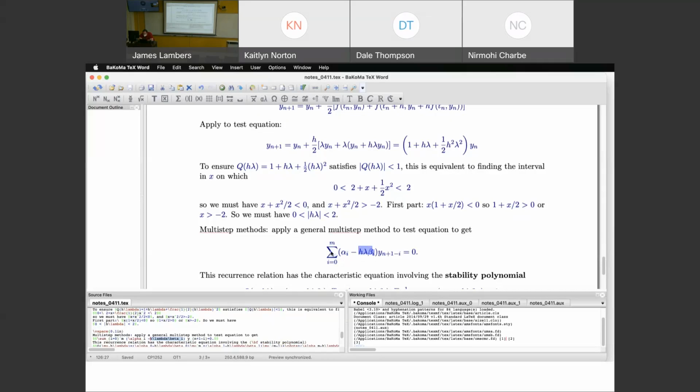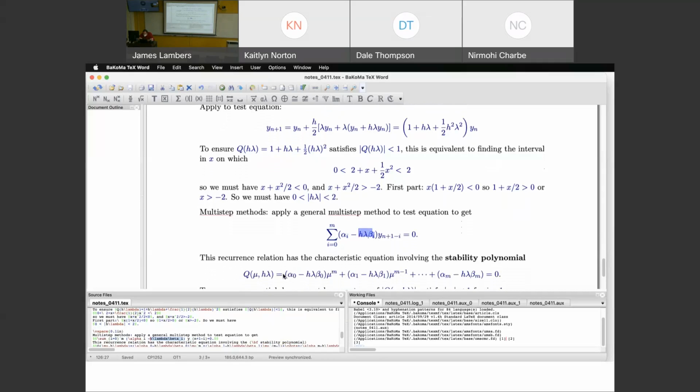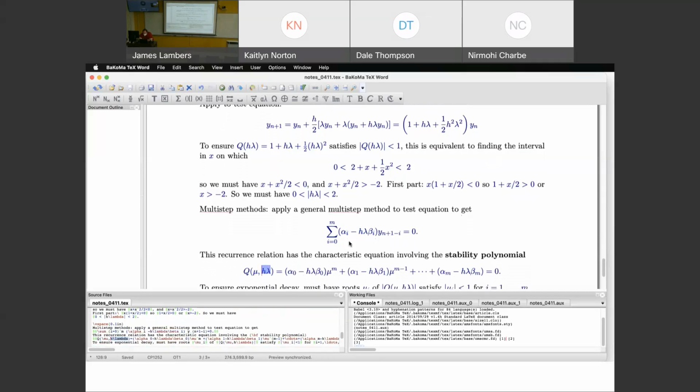From this recurrence relation, we get what's called the stability polynomial. It's a polynomial in the variable mu, but h lambda is a parameter that affects the coefficients. So for each choice of h lambda, you get a different polynomial.